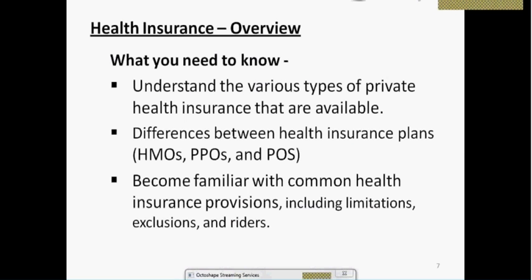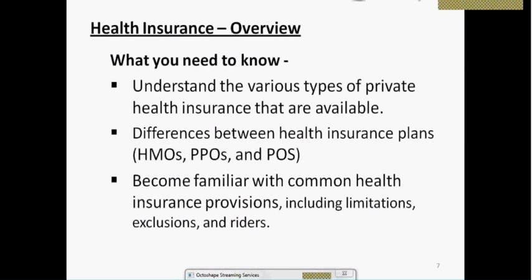For example, if you are an employee, probably you may not have much of a choice, because whatever your employer offers, you'll be taking it, right? But in case you are on your own, you have your own independent business, or your own company, then you need to go and search the market for plans that work for you. So let us talk about some of the plans that are predominantly offered by these health insurance companies.